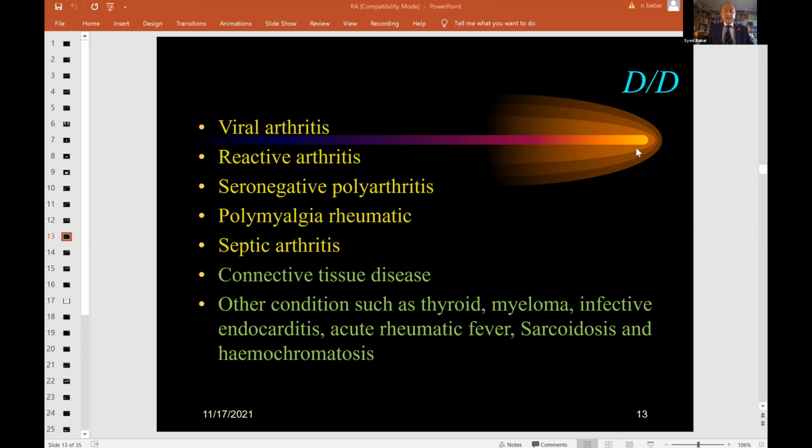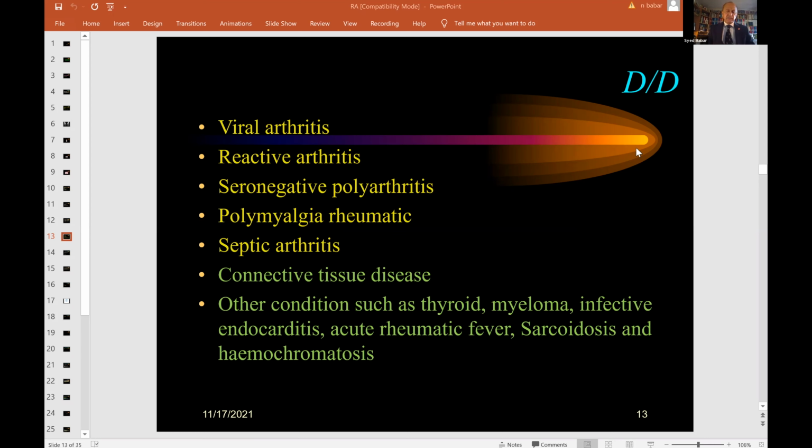Seronegative polyarthritis, by which one means that rheumatoid factor is negative. Polymyalgia rheumatica, which is a kind of a soft tissue disorder of the rheumatoid arthritis, affecting tendons, ligaments, muscles which support body weight.